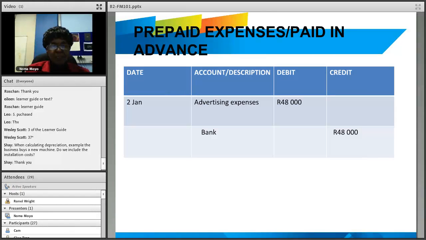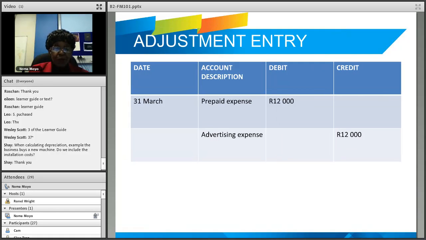So let's see how we treat it. This is an adjustment. When they paid, we always debit the receiver, credit the giver. We debited advertising expenses, credited bank. But there is a 12,000 which has been prepaid, which means the advertising expenses are to be reduced by 12,000. How do we treat the adjustment?